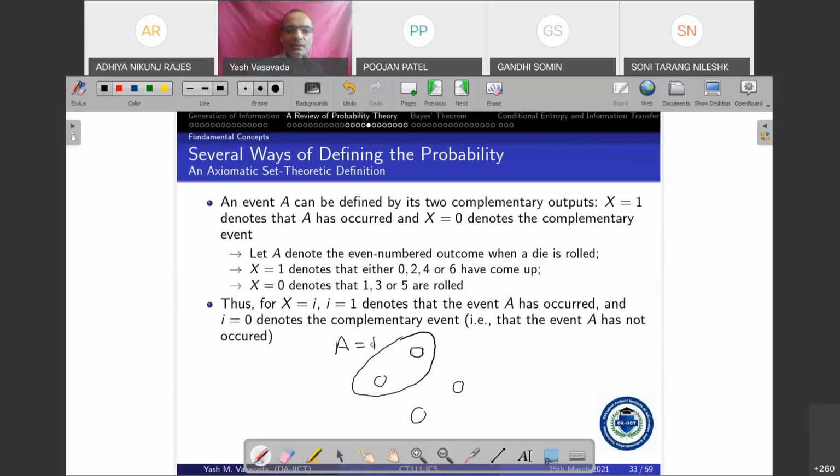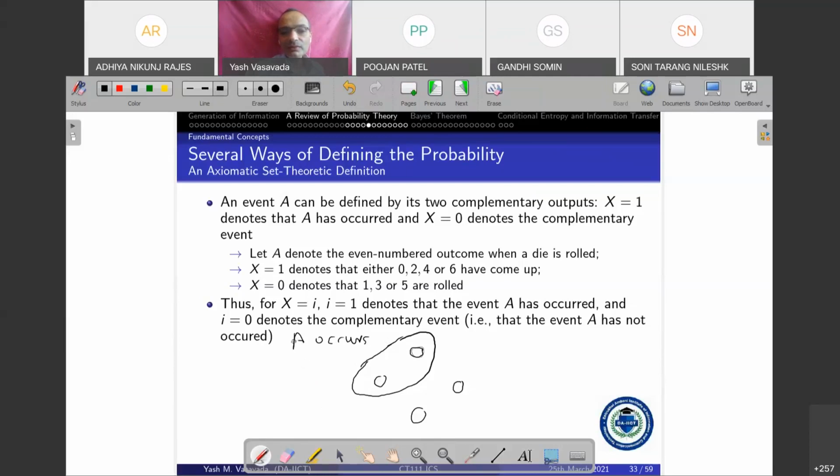So for this A, again, let's say we don't want to assign a number to this event. We'll say that when A happens, we will actually say that A occurs, which is basically these 2 atomic events, the subset of these 2 atomic events has happened.